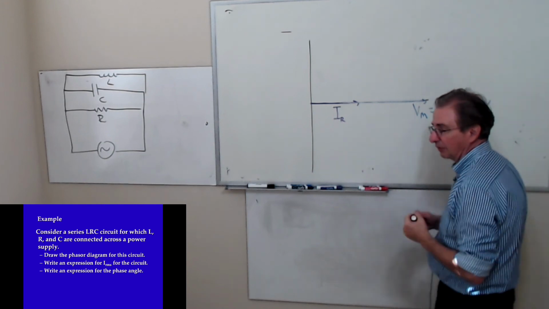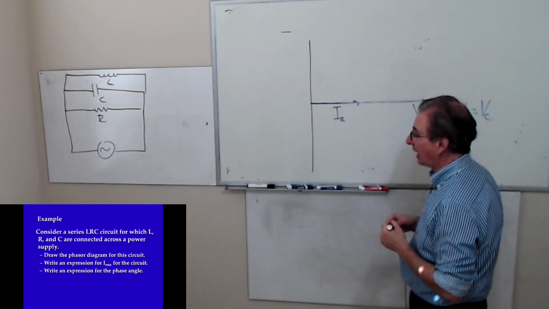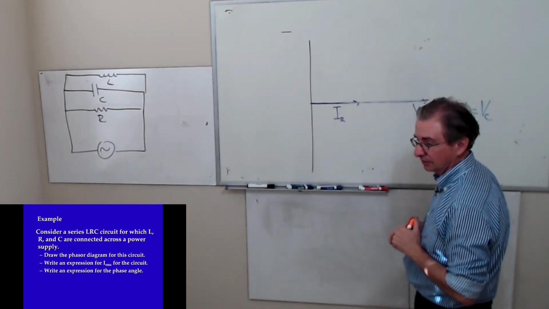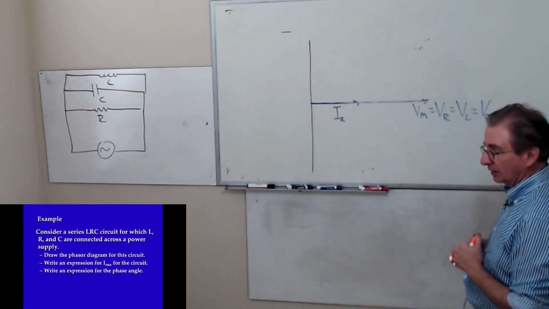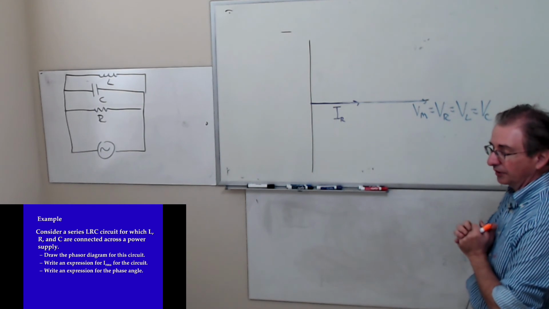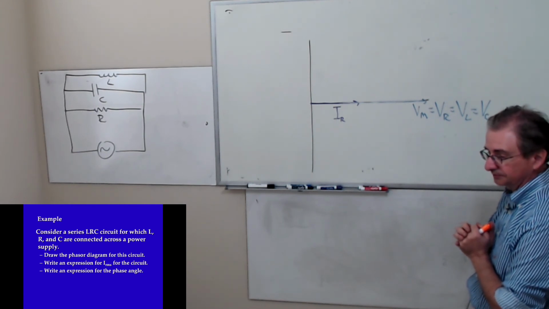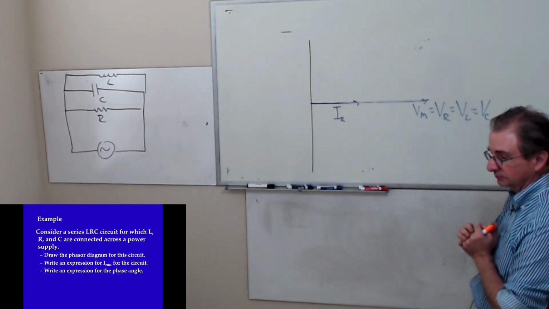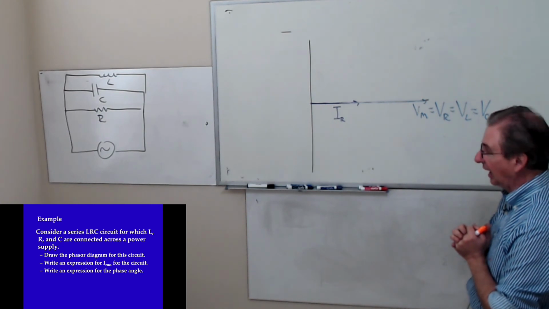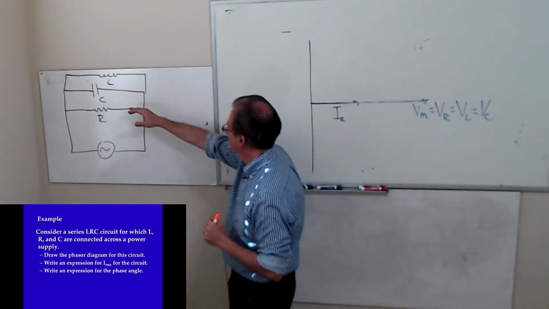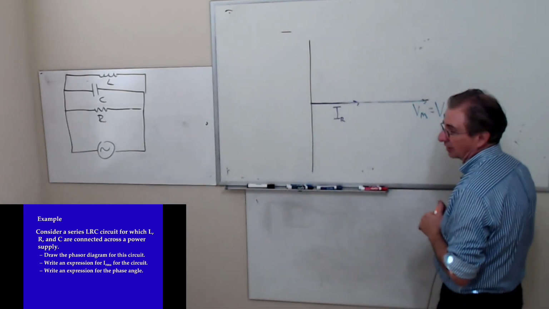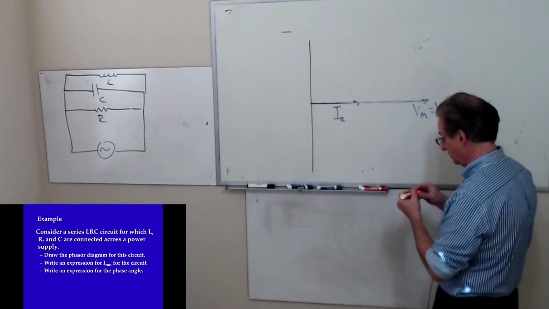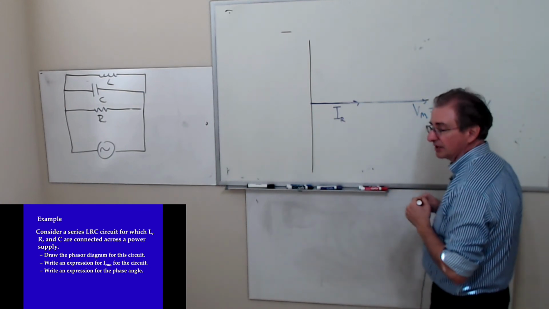I'm sorry, let me rephrase that. I know that the voltage across the capacitor is 90 degrees behind the current. I know that the sum of the currents through each one of these is going to give me the total current. So let me draw the phasor for the capacitor.